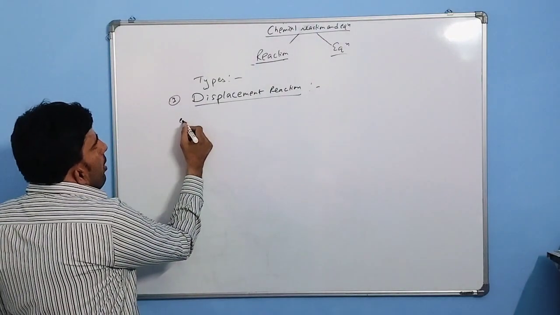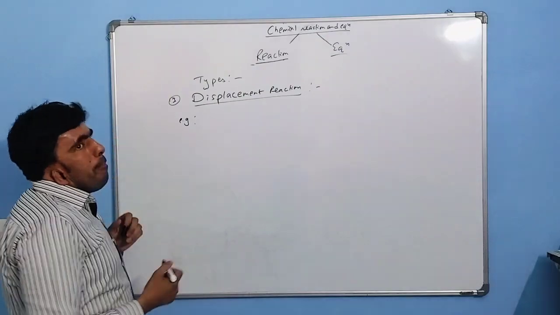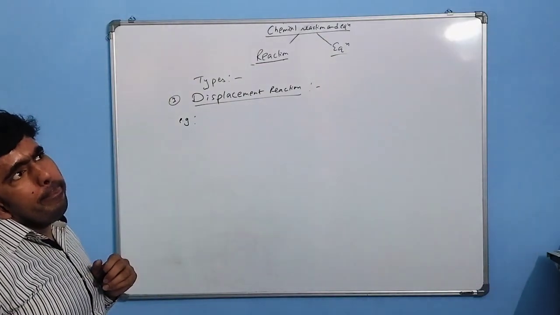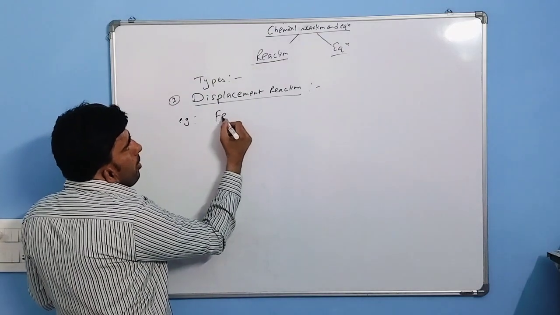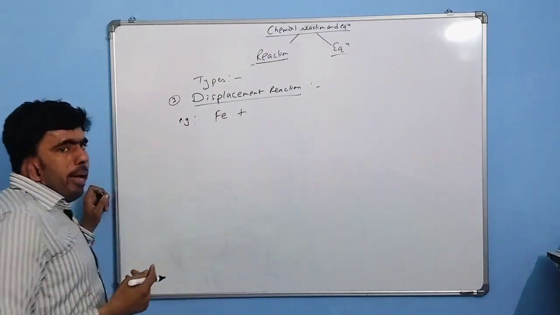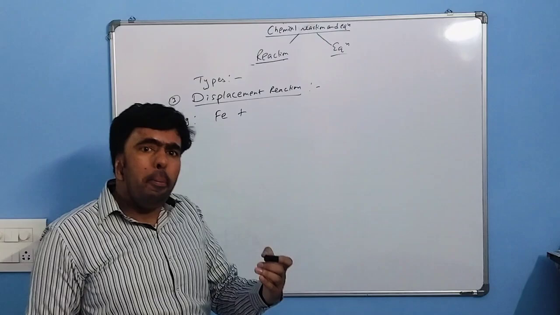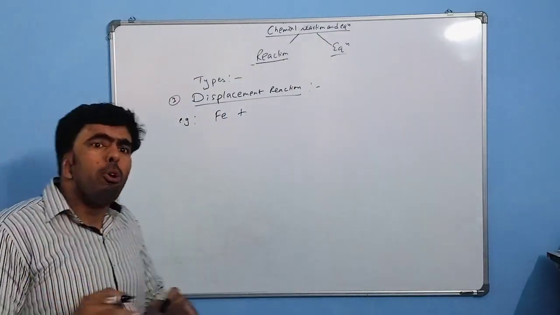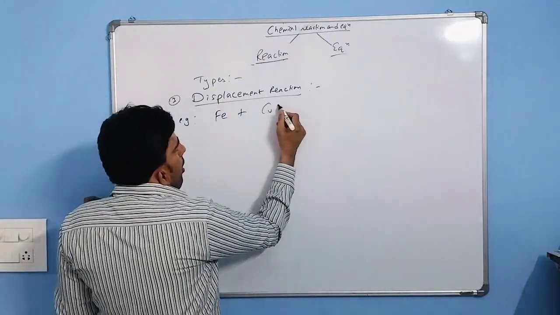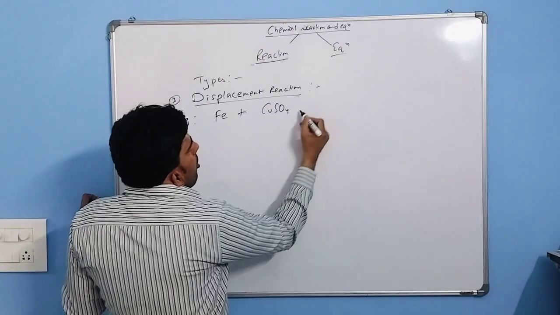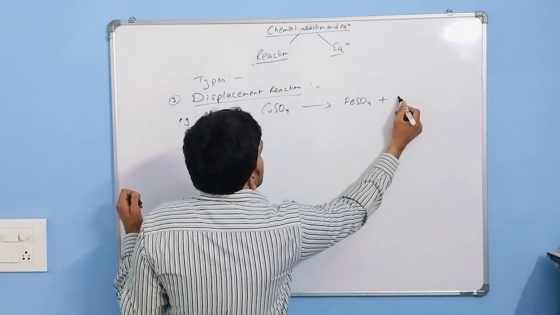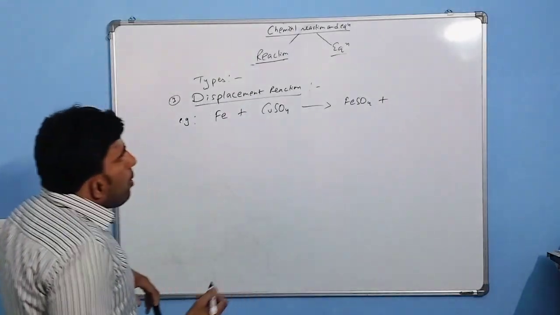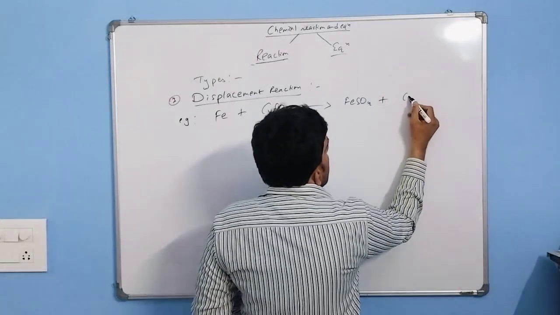For example, when an iron nail is dipped in copper sulfate solution, what I get is FeSO4 plus copper.